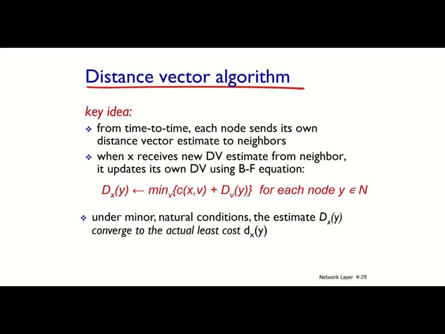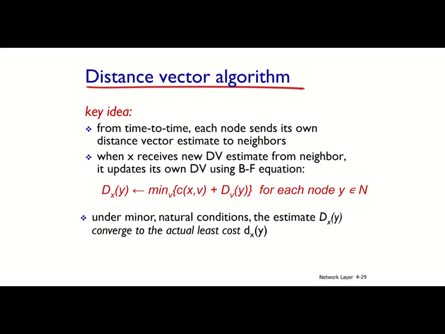Here you can see the details of the distance vector algorithm and the idea that is the Bellman-Ford equation, and how one router advertises its distance vector to its neighbors if some change happens in the network and some link cost changes.